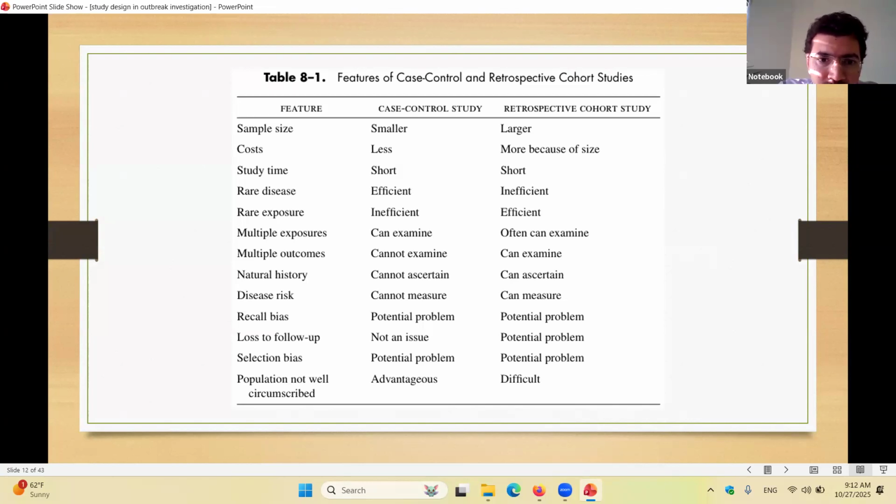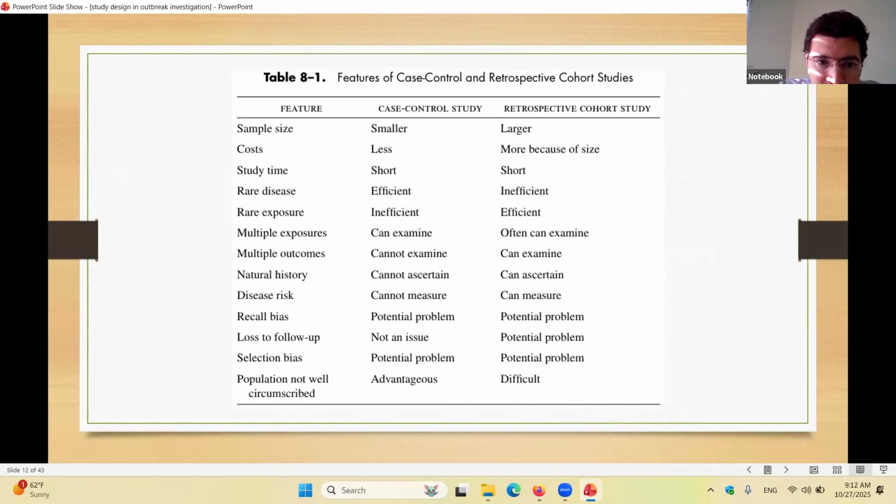But in cohort studies, the beneficial point is that we can examine multiple outcomes because we follow up the exposed and not exposed individuals, and we can see whether they develop any disease or any other outcome.